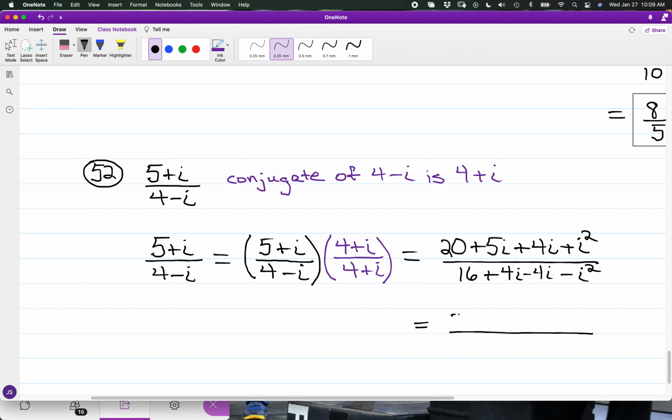Now taking what we have at the moment, you got 20, 5i plus 4i is going to be 9i. We have plus i squared, which is negative 1. In the denominator, we're going to have 16 minus i squared, so I have 16 minus negative 1.